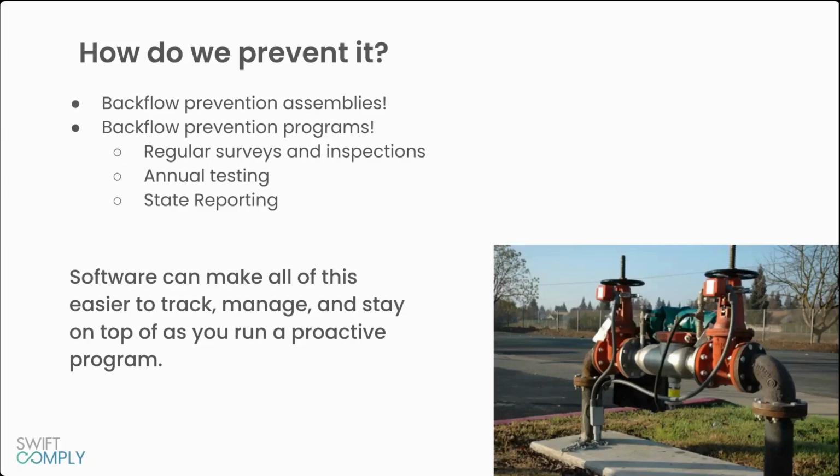I've just got one example down there in the corner, because that's something you may have seen when you're out driving around in a parking lot around a professional building. Again, that might be a little on the larger side, but that's an example of what an assembly looks like. And we manage and track and run these programs to stay on top of things.